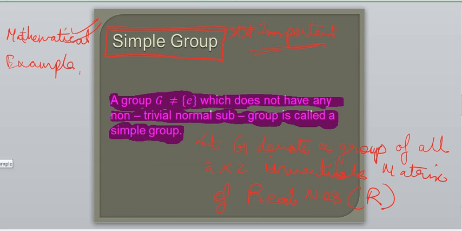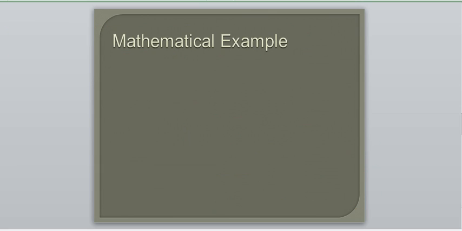There will be sets given to us. Let's go to this page. Let's say we have a set H, because we'll have to take two sets.